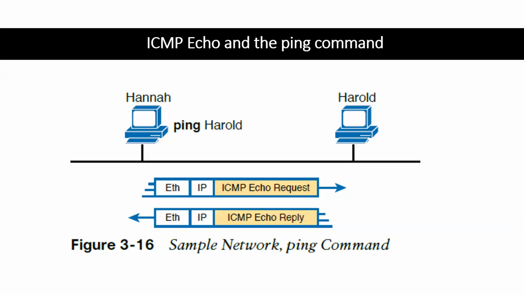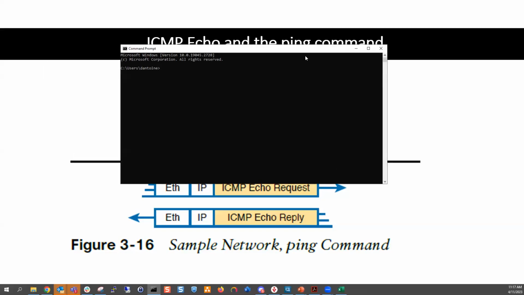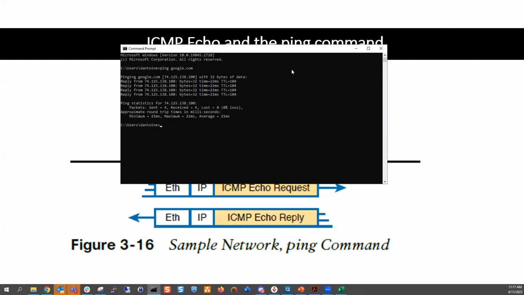Typically there's output on a computer that says it's alive, and we can actually do it here. Let me pull this up. Let's say I want to ping Google. I'm getting those echo replies back.